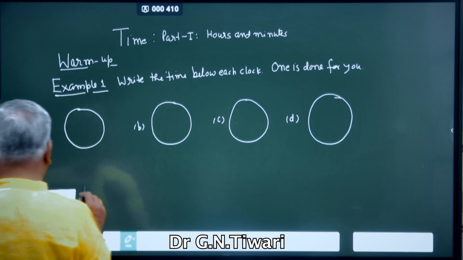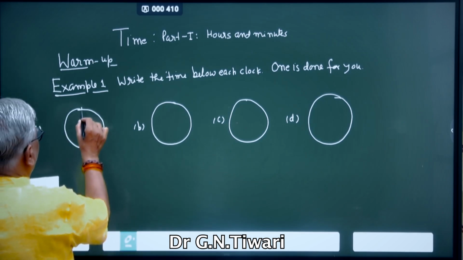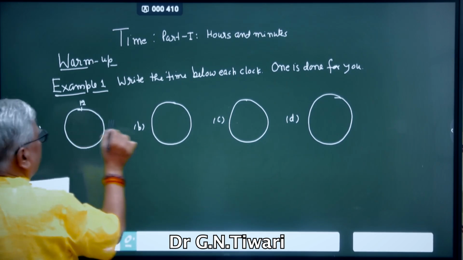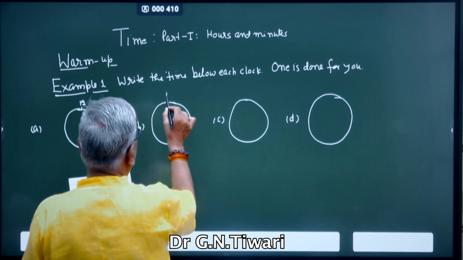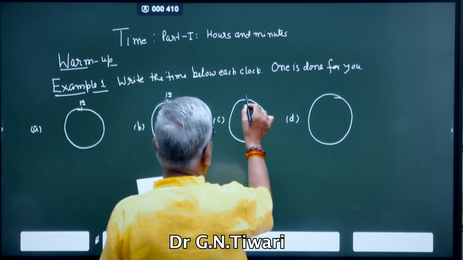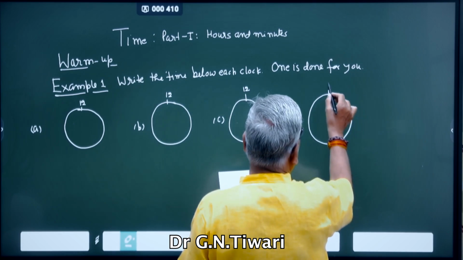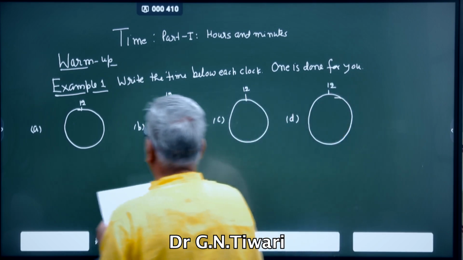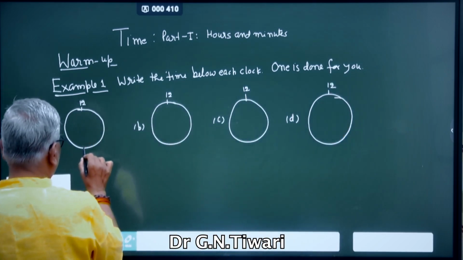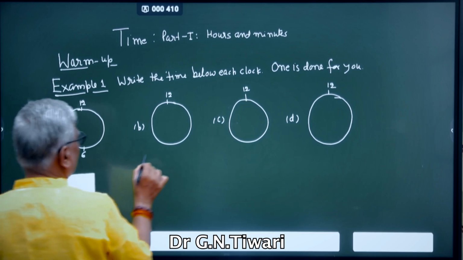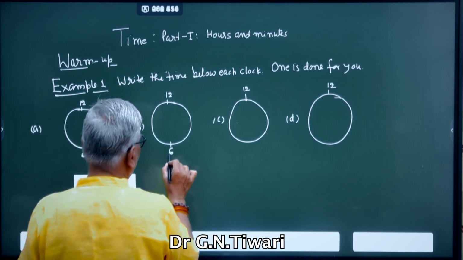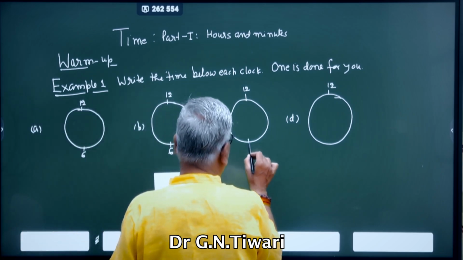Just say, this is 12, make on the top 12, rest you have to do. 12 and 12. Then 6, then 6. 6 is the half of 12.